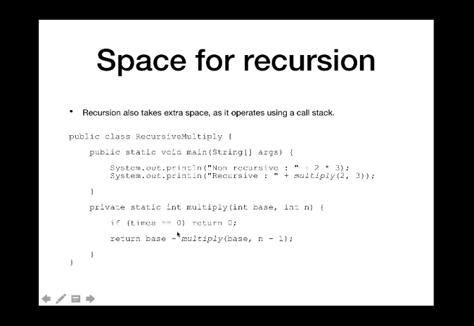So we keep going on that recursion, summing the base number plus the result of the next recursion. So time complexity is O of n, and space complexity is O of n, because it needs to go until times equals 0, and then it returns. More on recursion in the next section.